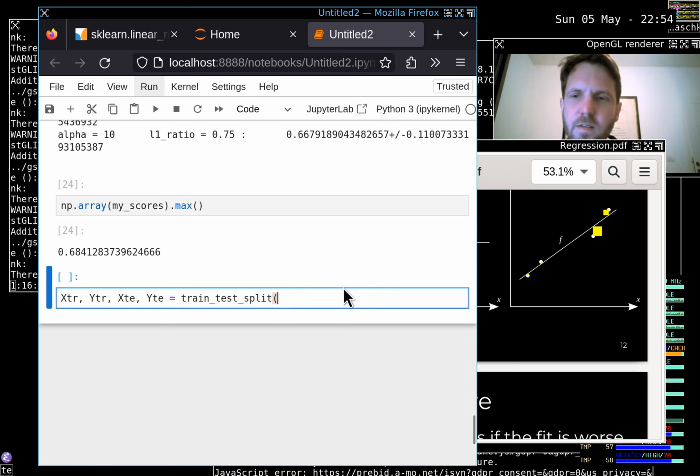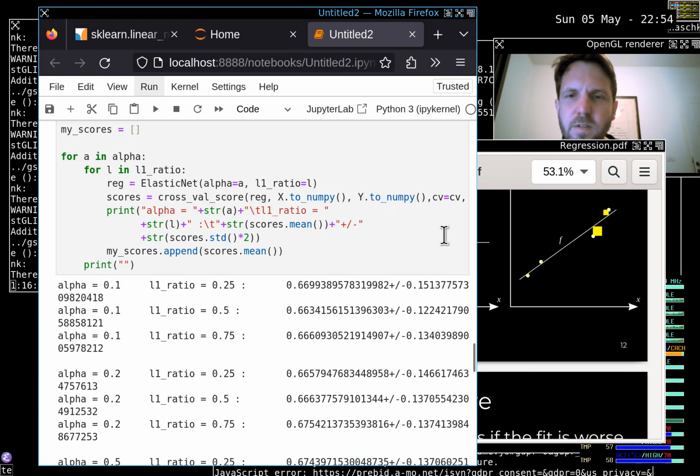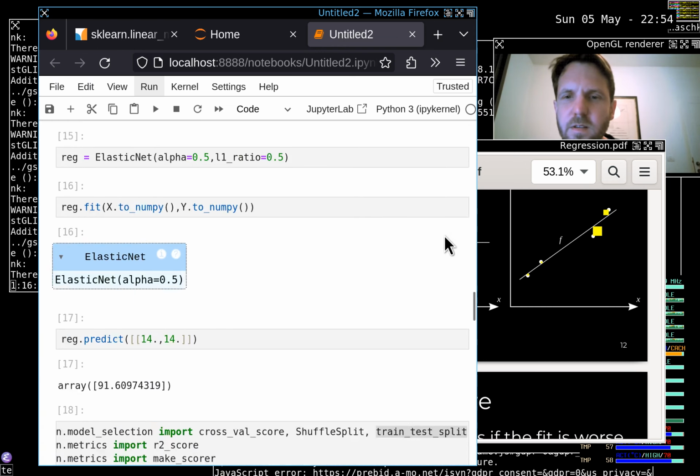Then we can say, okay, what do we have here? Our x to numpy and our y to numpy, which is of course the parameter. So these are the two radii, and this is the parameter here. And then we said, what did we have here? Test size and training size.